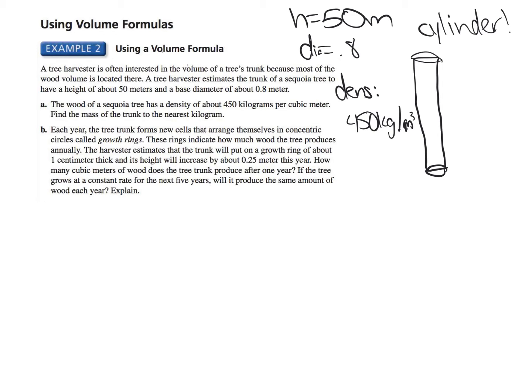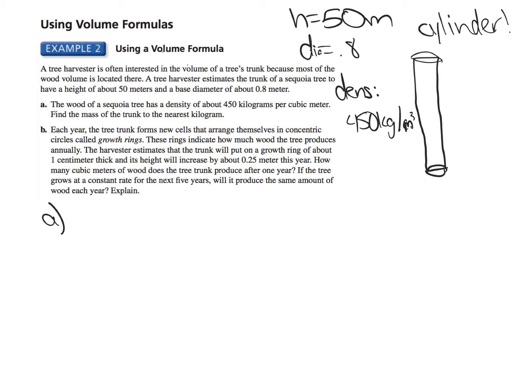Then we need to find the mass of the trunk rounded to the nearest kilogram. So we need to find the volume of the tree trunk. We're assuming it's a cylinder. First, we use our knowledge to find the volume. Then we can use density equals mass over volume to find the mass of the trunk.